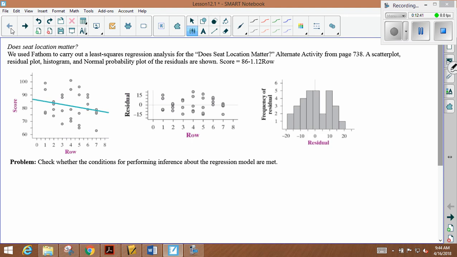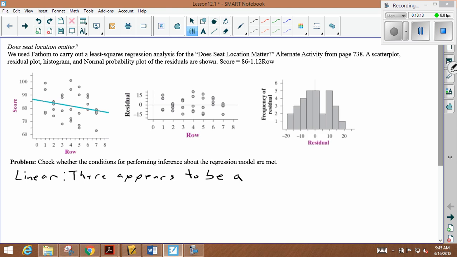L. So I would actually go ahead and do a little extra and actually describe it. I would say there appears to be, I'm not sure about the strength.